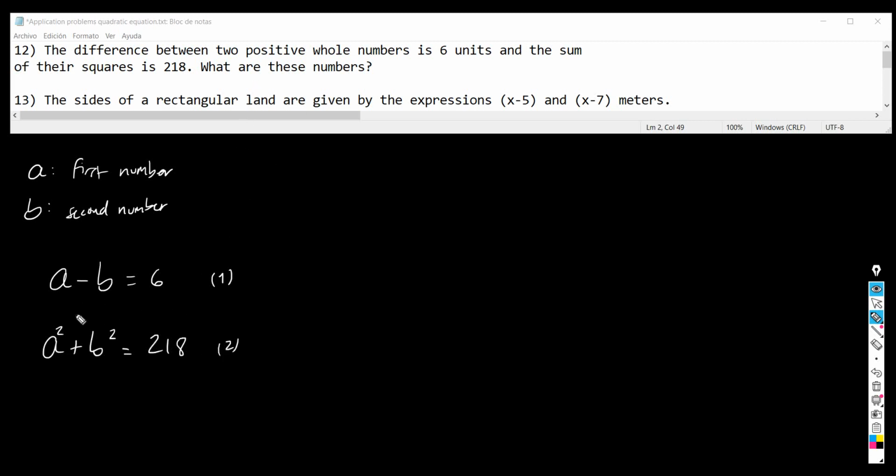What are these numbers? Well, with these two equations, apparently I can solve this problem. We have two equations, so as you may remember, we can use the substitution method. You can start by isolating one of the variables.